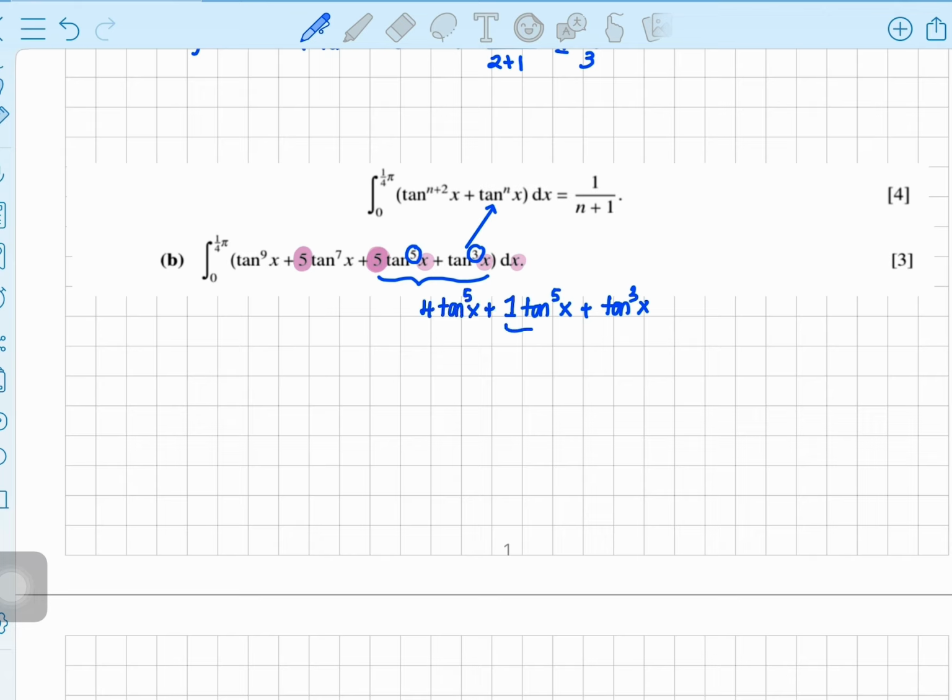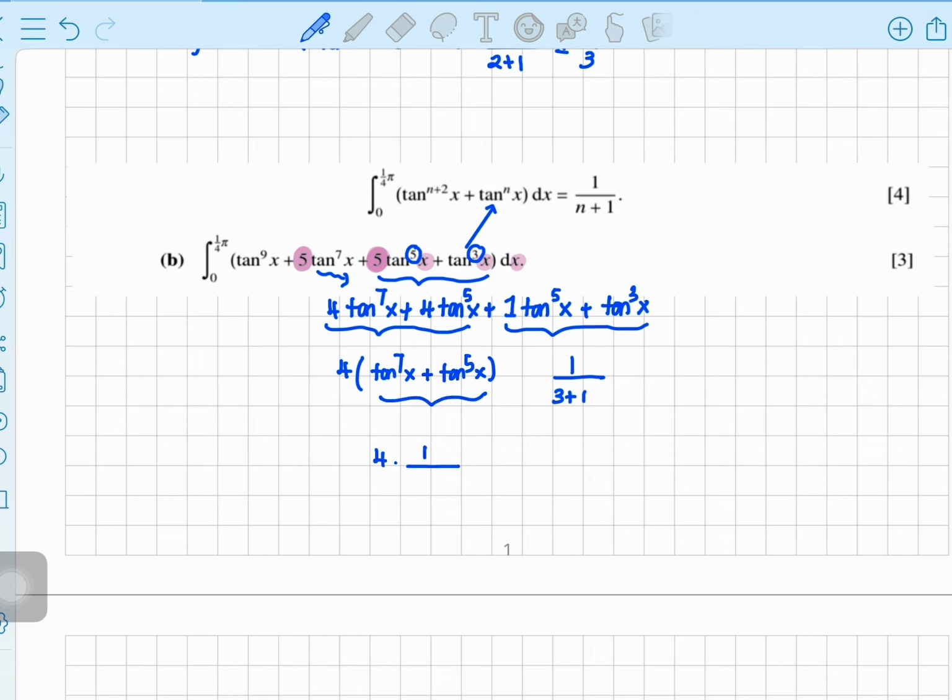So you know what the answer is for this. This is just 1 over 3 plus 1. Let's say I want to balance it. I'm just going to take 4 from here for tangent to the power of 7x. Only by doing this can I factorize them and quickly see the pattern in part 1. Correct? Now this becomes 4 times 1 over what?